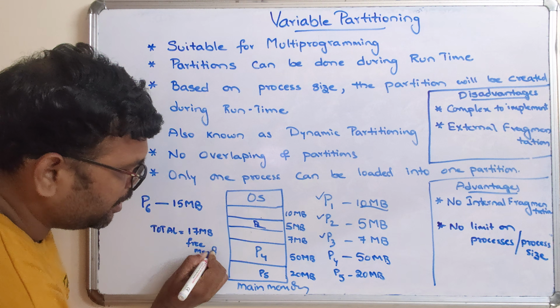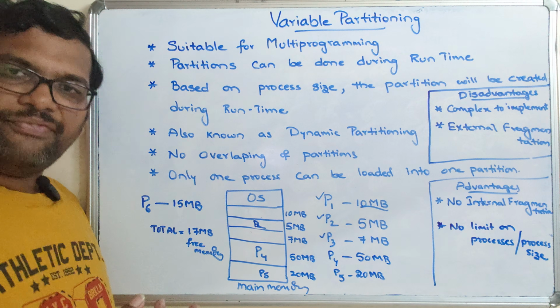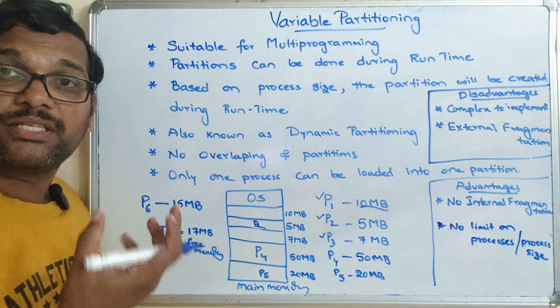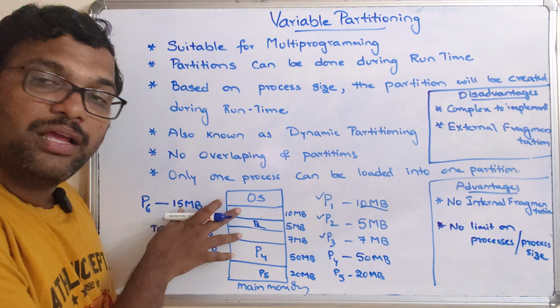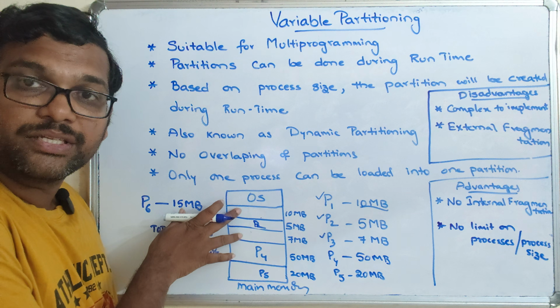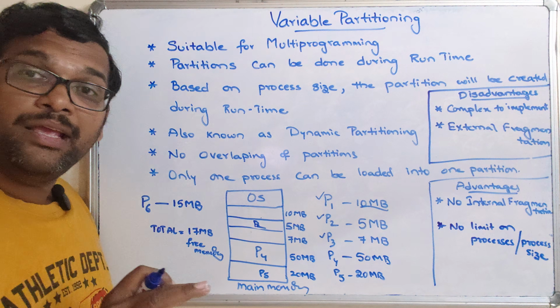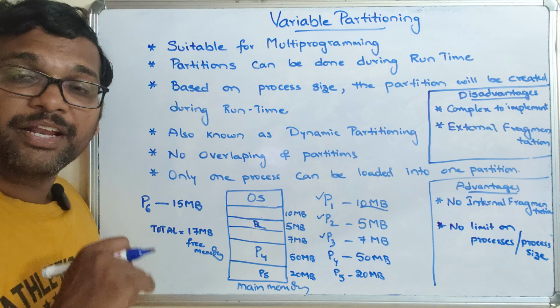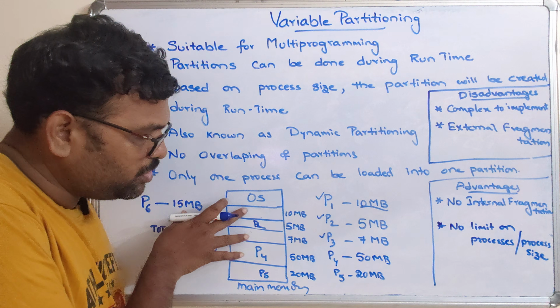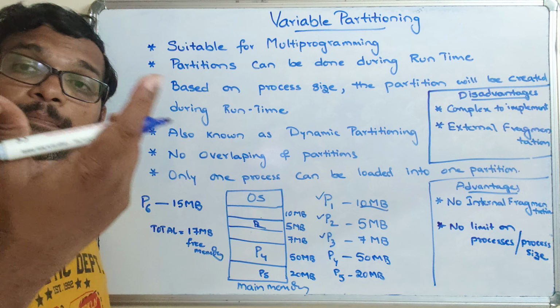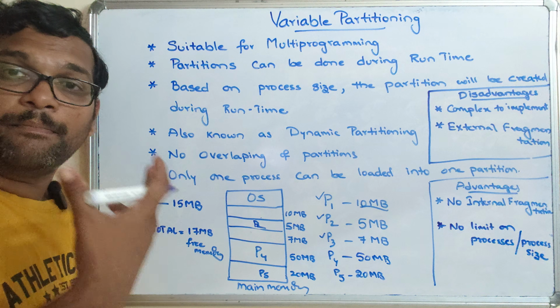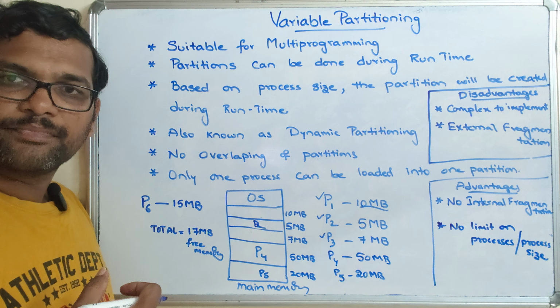We know that if there is free memory, we can easily accommodate a process into it. But here, these two are not in contiguous memory locations. This partition is already allocated, I mean created. So the complete 17 MB is associated with two different partitions, and we can't combine these two partitions.